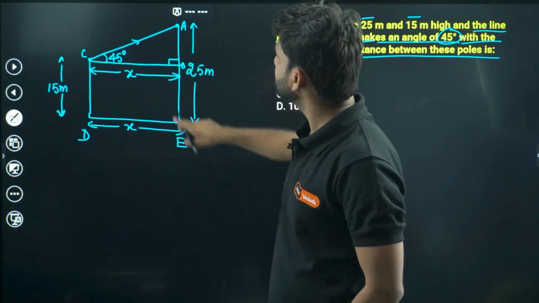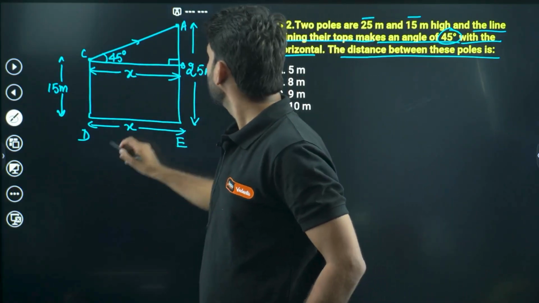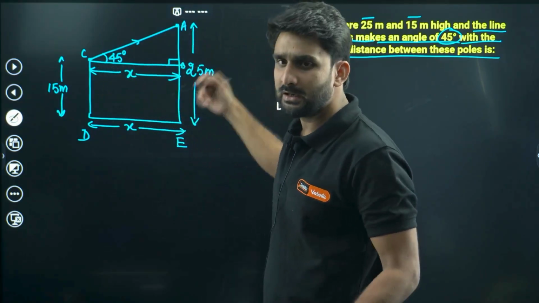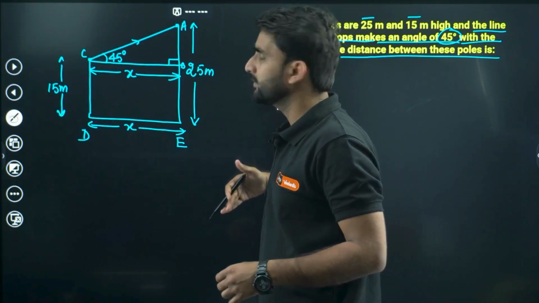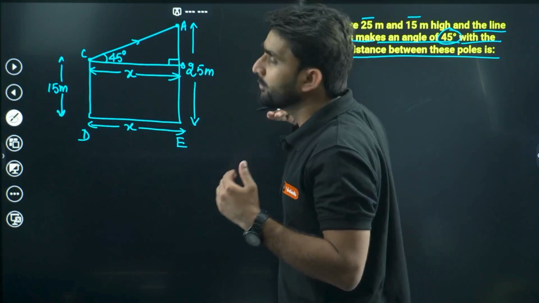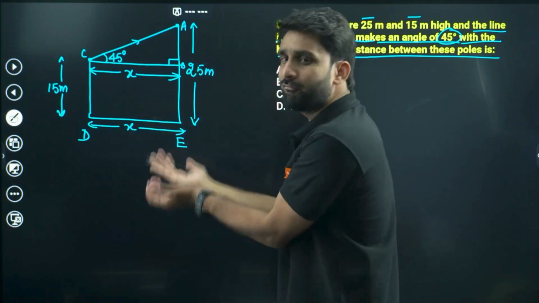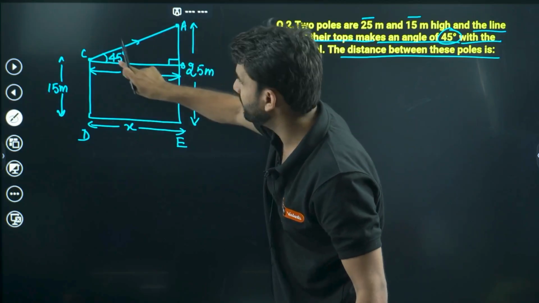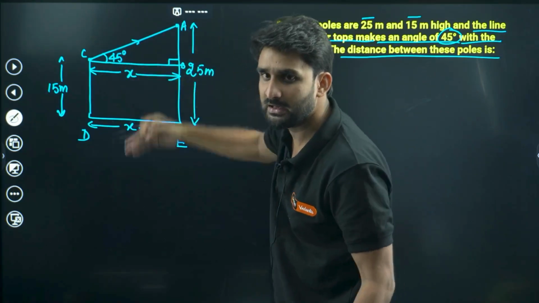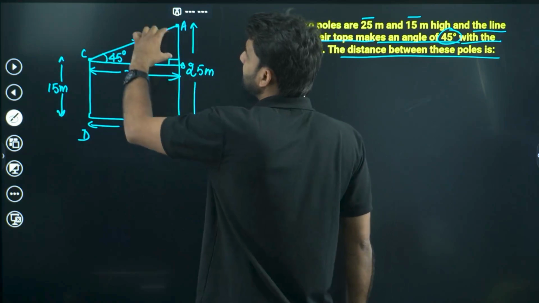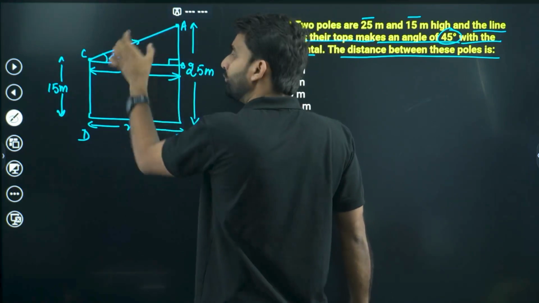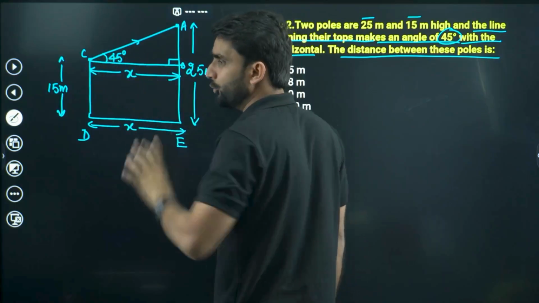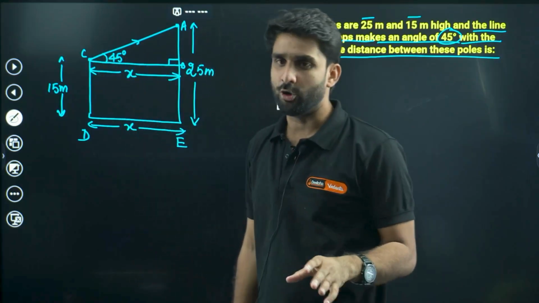So now just look here, my dear kids. In this small right angle triangle, if we can get the value of this AB, since one angle is already given as 45 degree, then the calculation of x will be easier, because to find any unknown value, one value should be known.